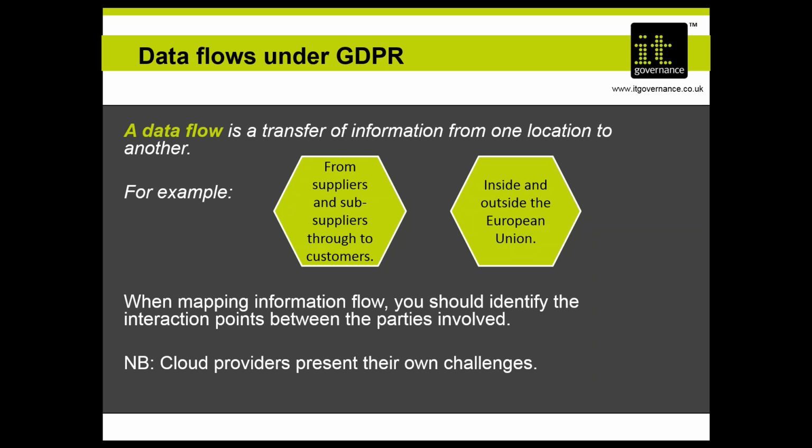Many organizations faced with the question of what personal data have you got mostly spend the first half hour thinking about that. The reality is that organizations are often processing much more data than they realize, and a data flow is the mapping of data from one place to another.